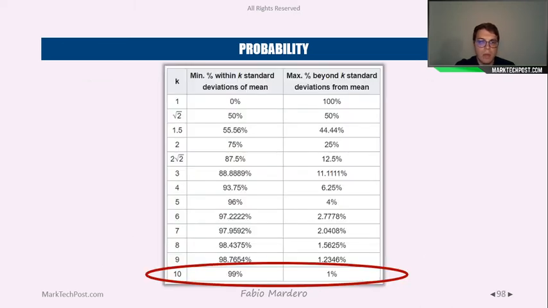Looking at this table, we have to take 10 standard deviations to get 99% of the points of the distribution to stay inside that range. For example, if k is the square root of 2, then we get only 50% of the distribution inside of that range.